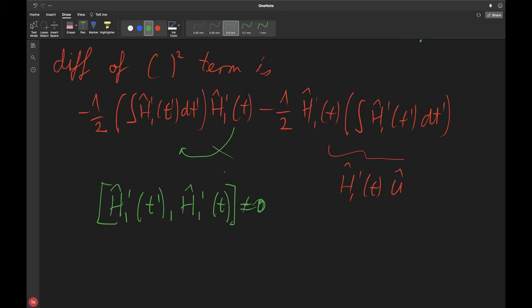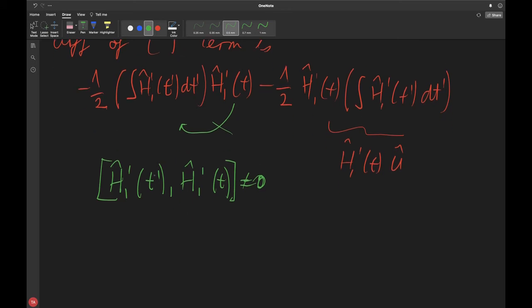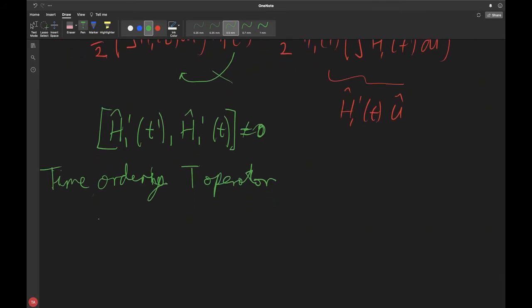So the solution from Dyson came in the idea of the so-called time ordering operator, T. Not so surprisingly, it orders time.